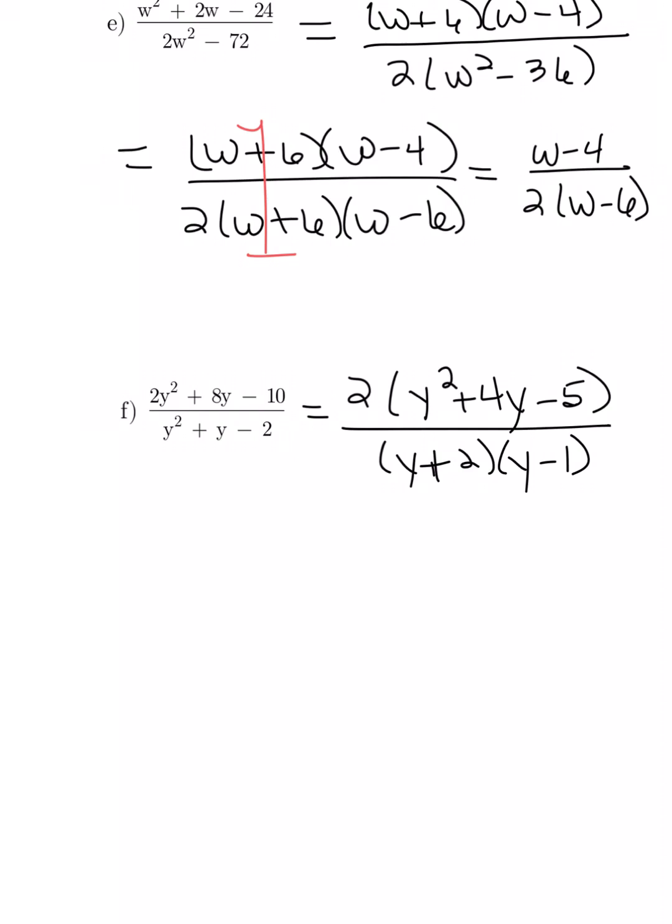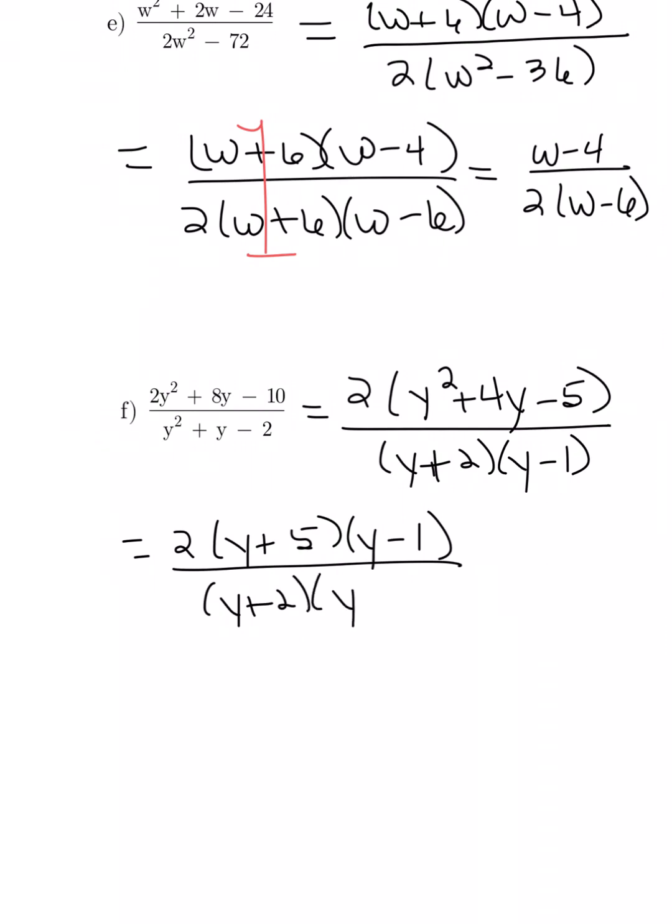Check your numerator. Does it factor further? And it does. Keep that 2 on the front. And then the rest factors into y plus 5 times y minus 1. The denominator has already been factored into y plus 2 times y minus 1.